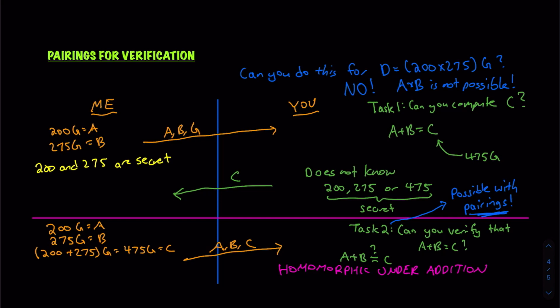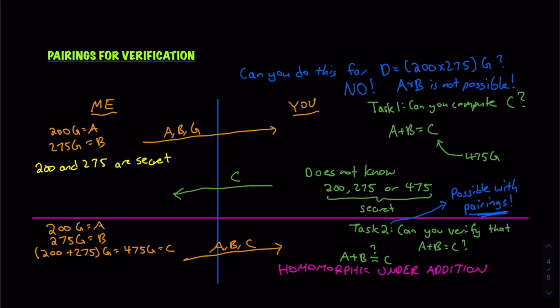In addition, I could also calculate on my own 200 plus 275 equals 475, and do 475 times G equals C on my own. And given A, B, and C, you could verify that indeed A plus B equals C without knowing the secret values, 200 and 275.